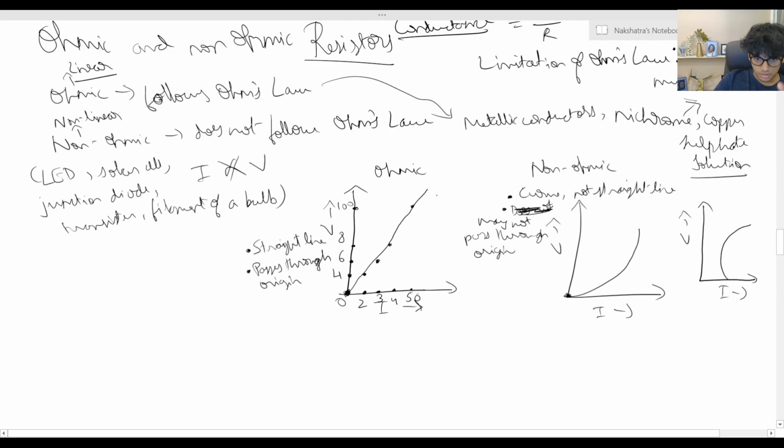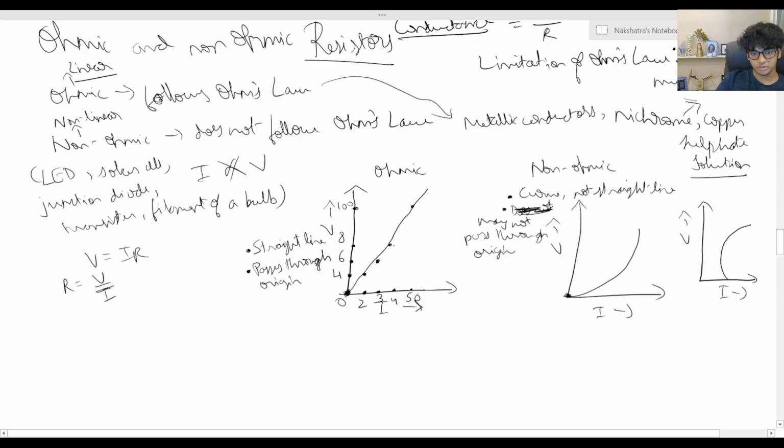Now let us try to find out the resistance from this ohmic graph. We know that we can get resistance by V is equal to IR, so R is equal to V upon I. But how will we get it from this graph? Let's take a look at this graph carefully.